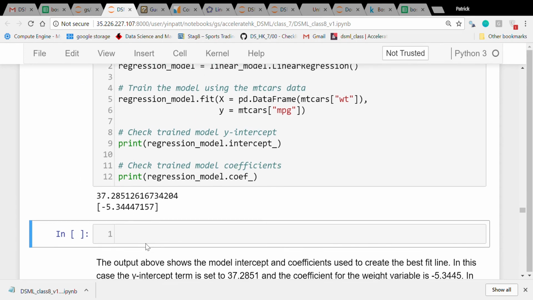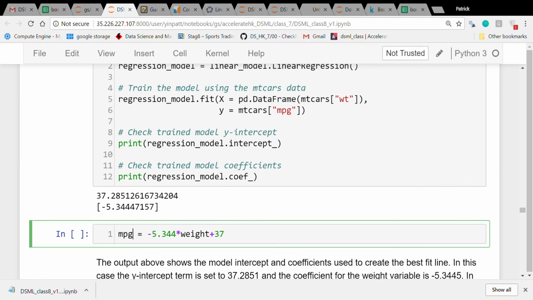What these 2 numbers mean is y equals mx plus c. I think it means weight times, I forgot, minus 5.34, plus 37 equals the mpg.